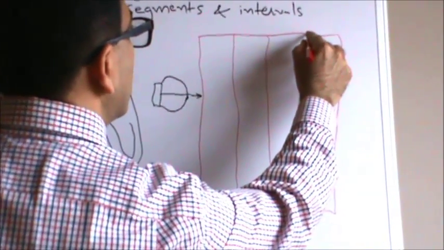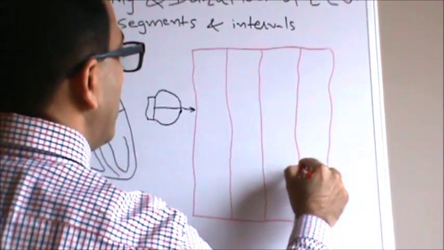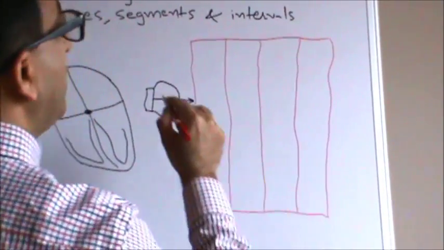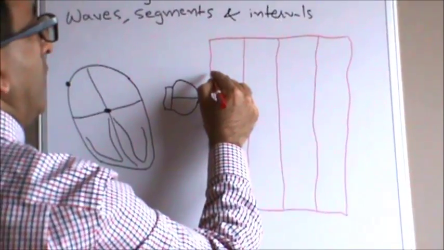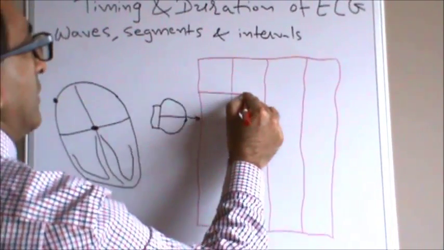So you will notice on the ECG tracings that there are heavy horizontal and vertical lines like this.